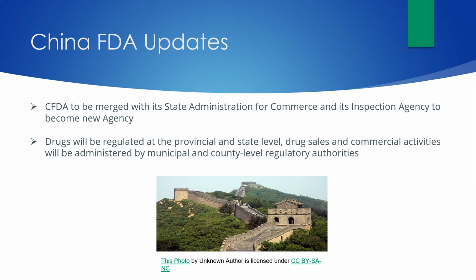China FDA updates. Per the proposal, the CFDA is to be merged with its State Administration for Industry and Commerce, SAIC, and its inspection agency, the State Administration for Quality, Safety, Inspection, and Quarantine, AQSIQ, to become a new agency, the National Regulatory and Management Commission.